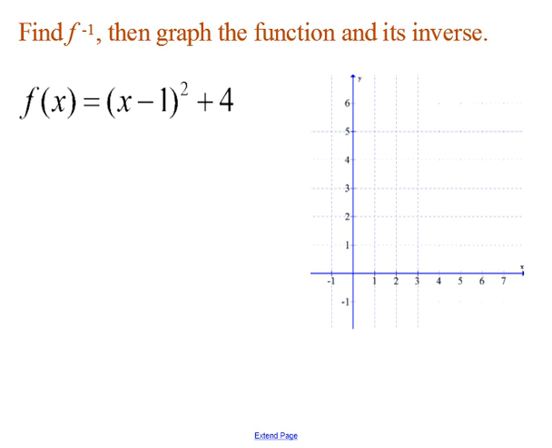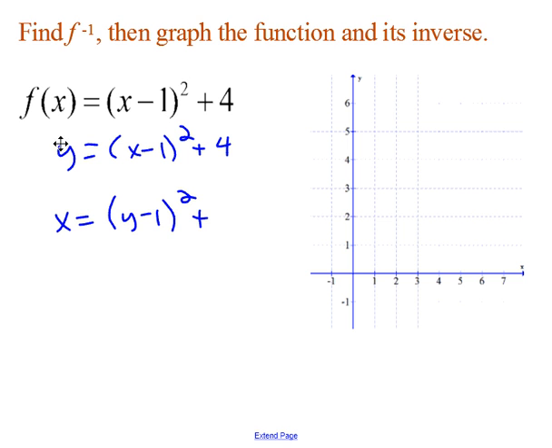All right, here we're going to look at another one, and I'm going to sneak in a little parent function transformation review as we go. So if y equals (x minus 1) squared plus 4, switch x and y, and now I have to undo in reverse order. So my first undo is to subtract the 4.